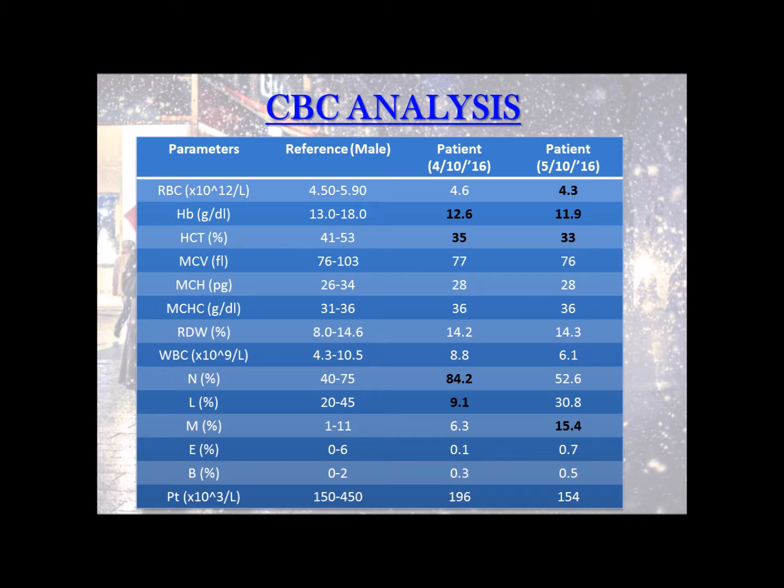From this patient we can see that the WBC count dropped from 8.8 to 6.1 from day 1 to day 2 of admission, which supports this fact, and the lymphocyte count increased on the second day of admission compared to the first day.